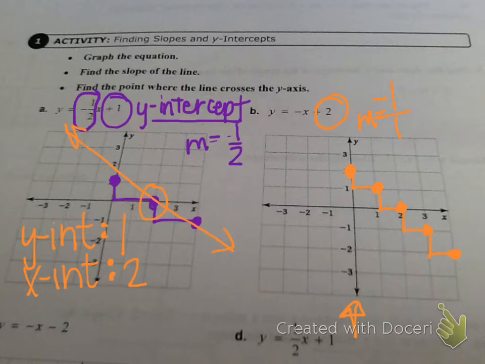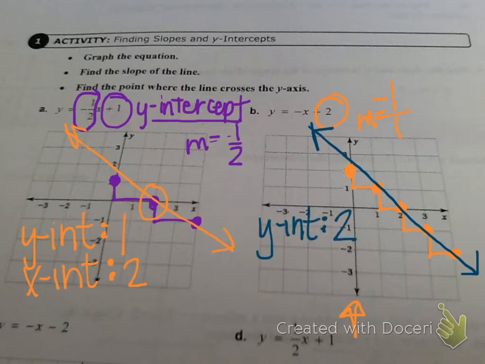So my line looks like this, all the way through the graph. And my y-intercept is 2, and my x-intercept is 2.